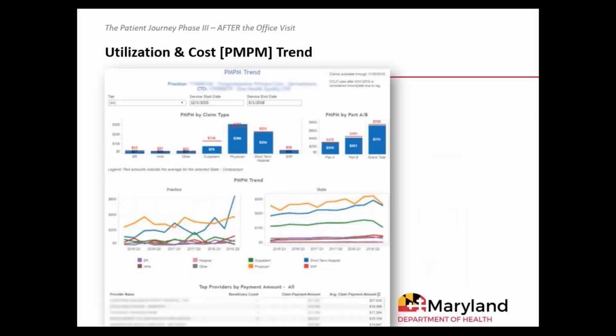Also, you can see the trend, and you can see how you compare with other practices in the state, and how you trend over time.